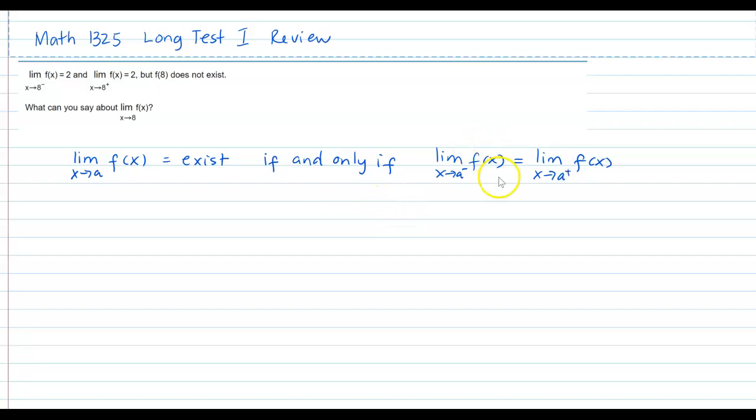So we only need to satisfy this for us to be able to say that the limit exists, even if the function is not defined at that particular value, or at x equals a. So in this case, since the left-hand limit and the right-hand limit are equal, then we say that the limit of this function as x approaches a exists.